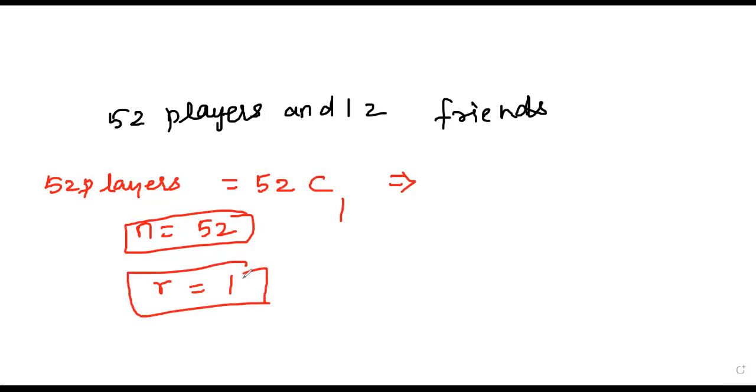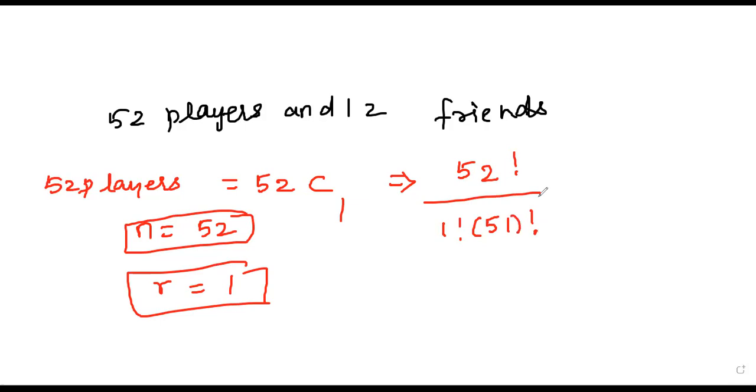So that is going to be the possible number of combinations for the 52 players. So that would be 52 factorial upon 1 factorial into 51 factorial.